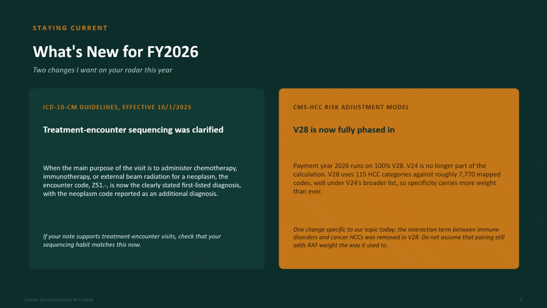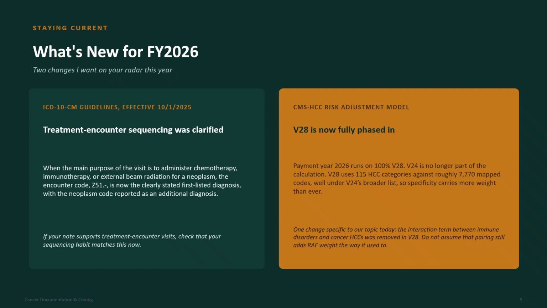So we are 100% on the V28 model, and V28 uses 115 HCC categories and maps far fewer diagnosis codes to an HCC than V24 did. So specificity in the documentation matters even more, not less.